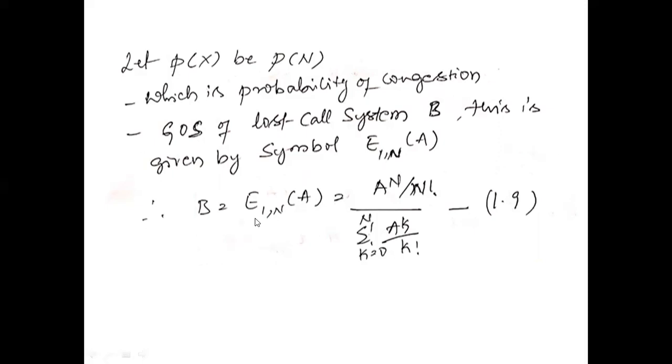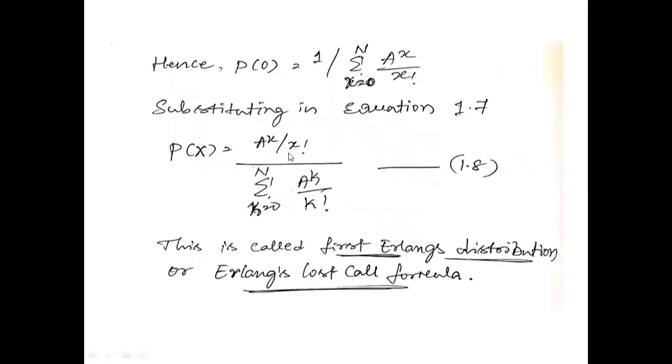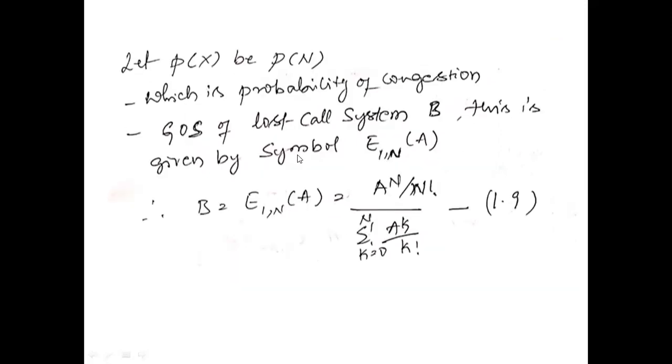We are using capital E suffix 1 comma N of A, which is the symbol or notation used to represent the grade of service of the first Erlang distribution, and we are going to replace the x, as you can see we have x over here in 1.8, with capital N, which results in an equation, capital A to the power of N over N factorial, whole term divided by the summation of A power k over k factorial in the interval 0 to capital N.